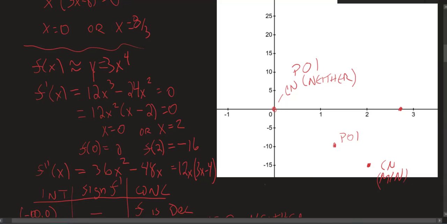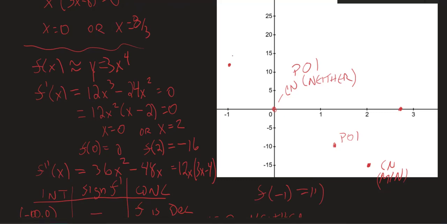So if we plug in -1 to the function, you end up getting 11. So -1, 11 is another point. So we know that the function is decreasing from negative infinity to 0. That's the next significant point. Okay. So we also know that it's concave up on that interval.